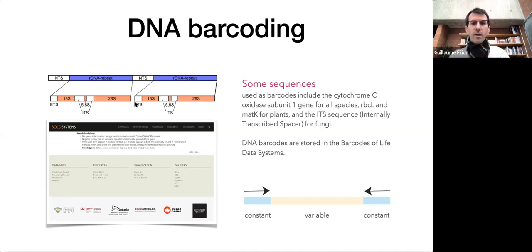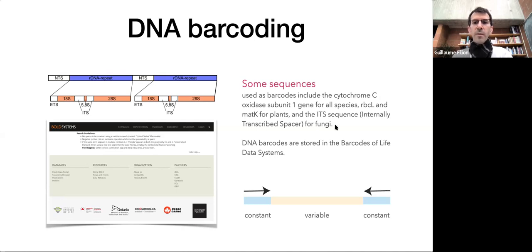Within that DNA repeat, you can focus on some specific parts that are useful for designing barcodes. Some sequences used as barcodes include the cytochrome C oxidase subunit 1 gene for all species, RBCL and MATK for plants, and the ITS sequence, internally transcribed spacer, for fungi.